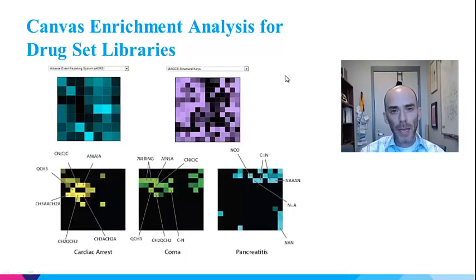We then rank the side effects based on those side effects that showed the most clustering on the structural elements canvas. And here you can see that cardiac arrest was the side effect that has the highest level of clustering for the structural elements. And this potentially identifies relationships between the structural element and the side effect.